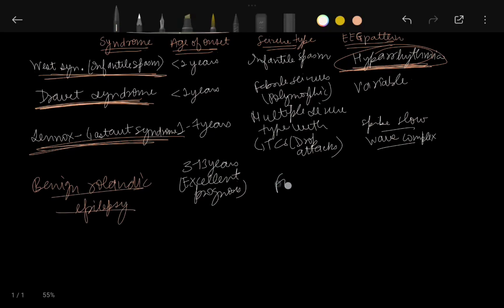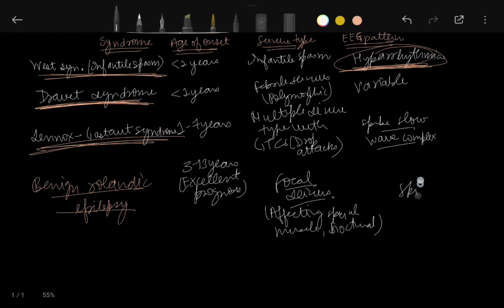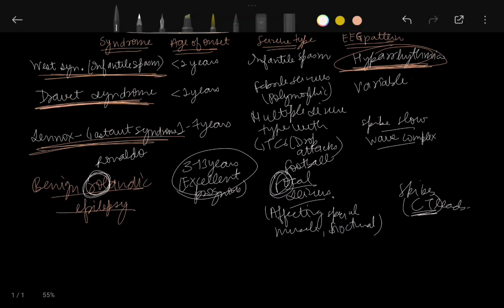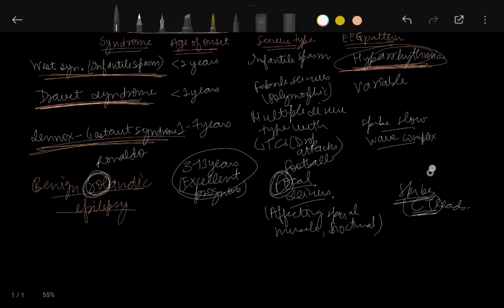These are focal seizures, in which there can be impairment of control, affecting facial muscles, and they are mostly nocturnal, seen mainly at night. Spikes are seen, so only centrotemporal leads are used. Benign Rolandic epilepsy, focal. F for football, F for Ronaldo; children usually like football, and spikes, as Ronaldo has spiky hair.